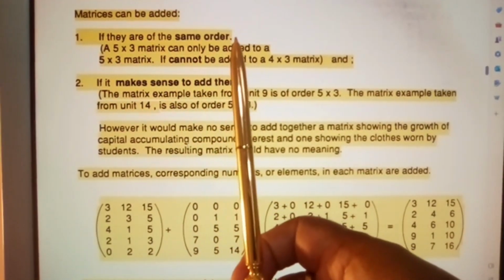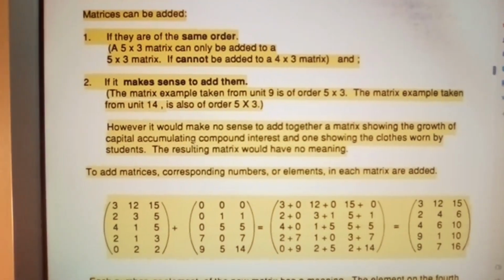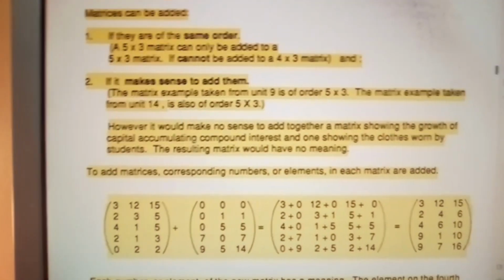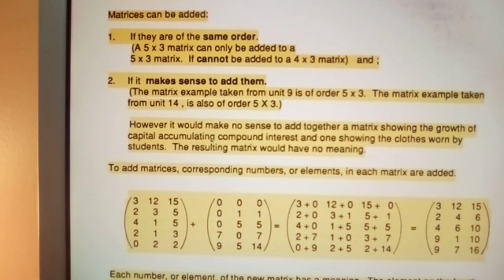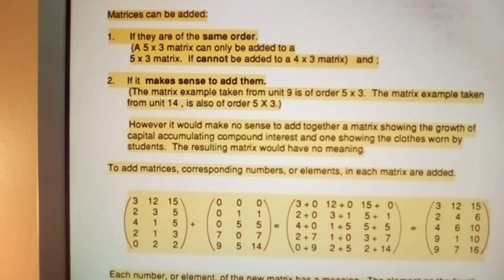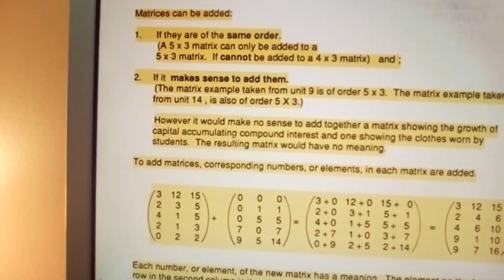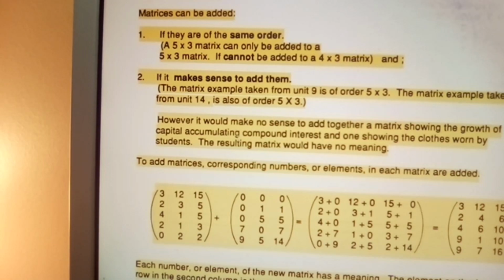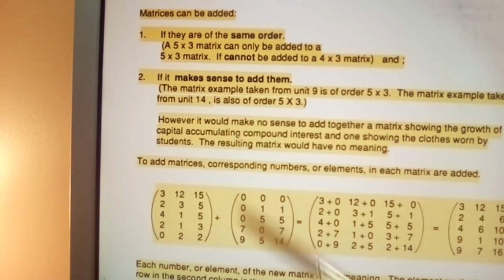It cannot be added to a 4 by 3 matrix, and if it makes sense to add them, again here we're just talking about another unit, so not relevant to you.